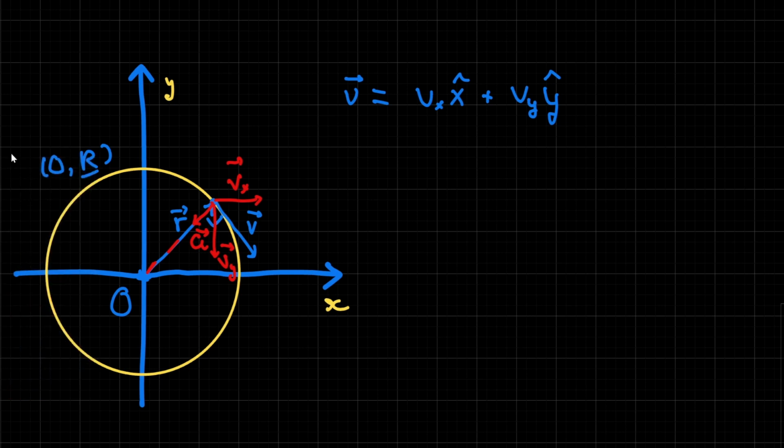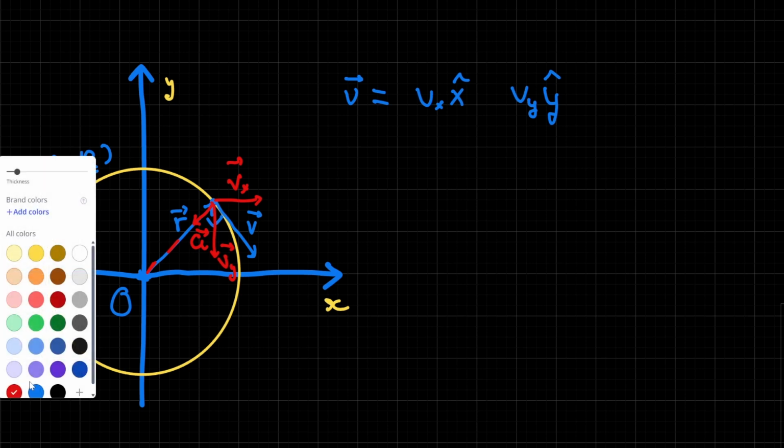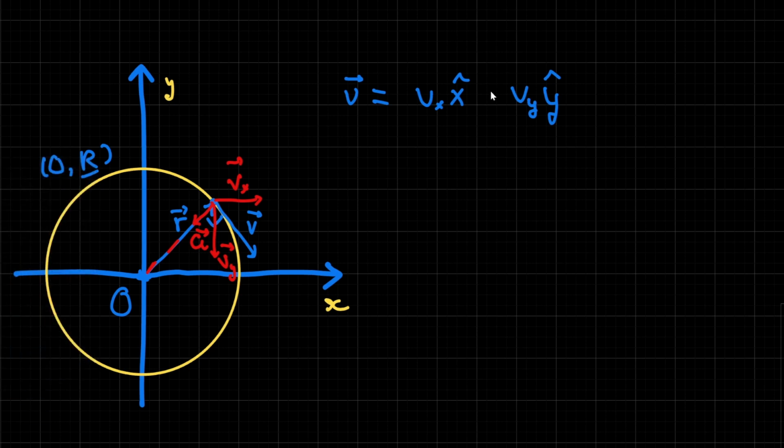And you can see that the y component is actually pointing downward, which means its sign would be negative. So I'll put a negative sign here.